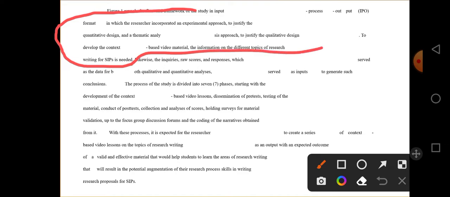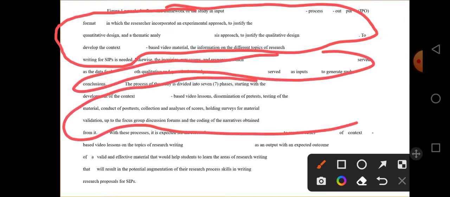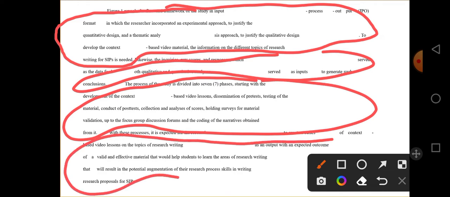You will introduce the IPO framework of your research, as well as your research design, using one sentence. Then it will be followed by a one sentence discussion of the inputs, then one sentence discussion of the processes, and one sentence discussion of the output.